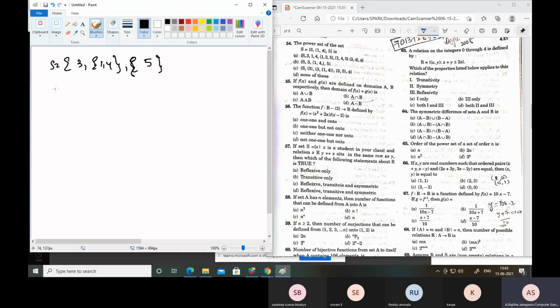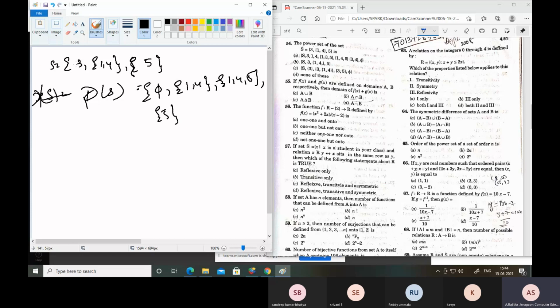Now, power set of this one is equal to 5 and 1, 4 and 1, 4, 5 and 5.